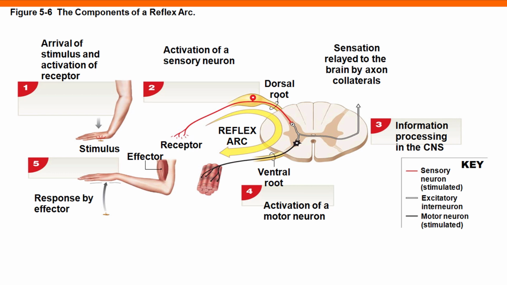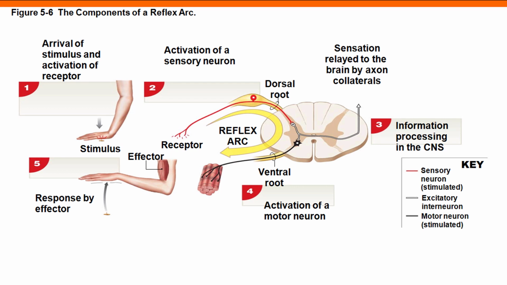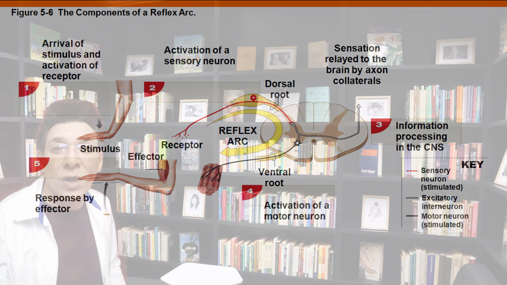Information processing occurs with the interneuron. An action potential travels down an efferent neuron. And then the last part of the reflex arc is the effector organ, which responds to the stimulus.